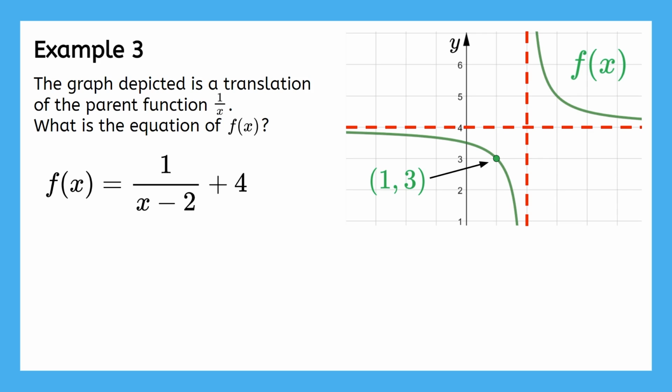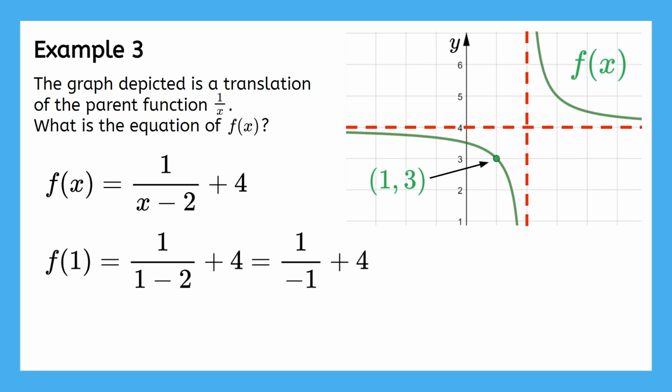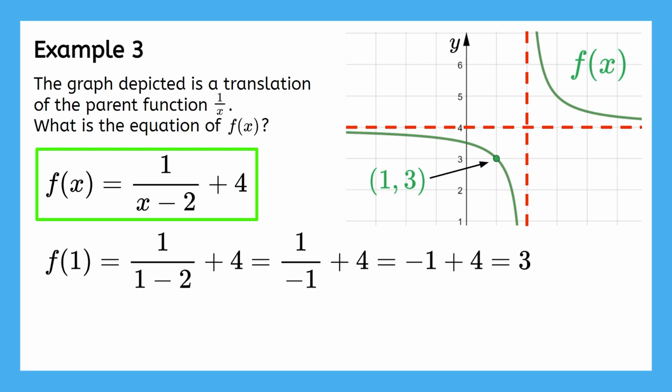If we plug 1 into this equation, we get 1 over the quantity 1 minus 2, plus 4. 1 minus 2 is -1, and 1 over -1 is just -1. -1 plus 4 is 3, which is the y value of this point. This input gave us the correct output, so we can be confident that we have the right equation.